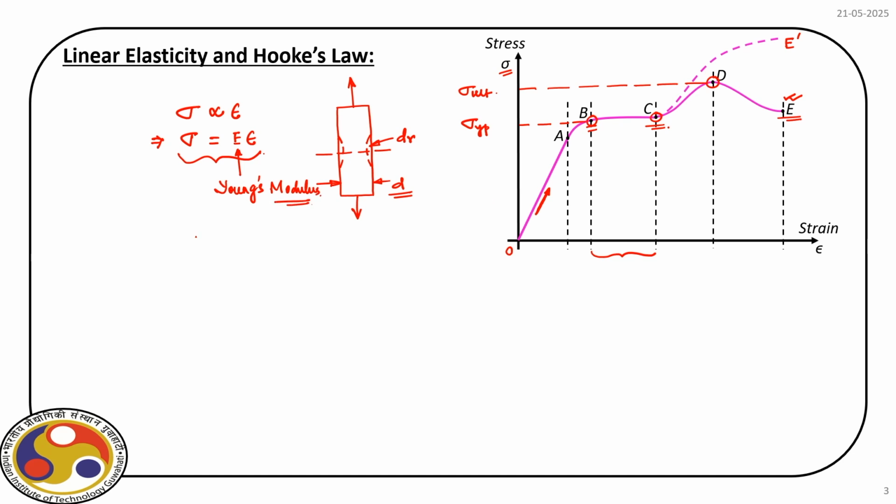The example of this ductile material is basically steel. The content of carbon in steel governs its material behavior.